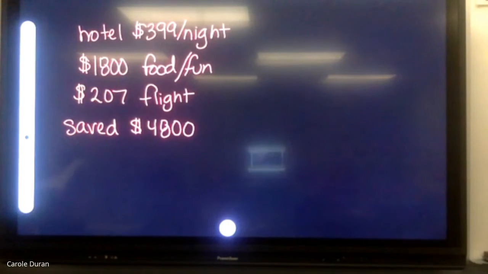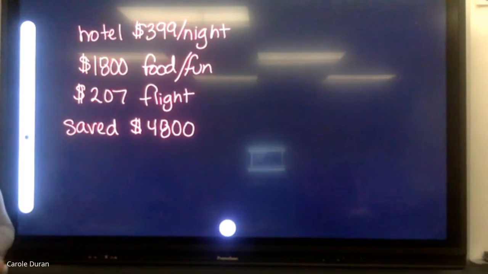Then it asks the question for part A. It says, write an equation that would help Megan figure out the total number of nights that she could stay at that hotel with the money that she has already saved. So when we're doing this, the first thing I need to do is to find my variables, or what I'm trying to find, and then write an equation that relates them.